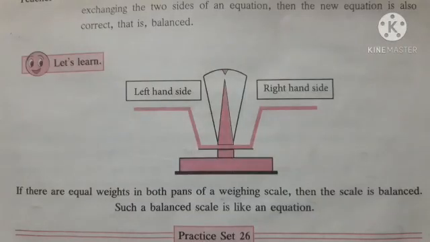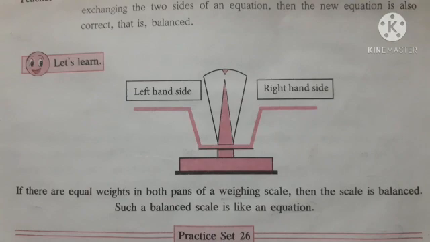Now children, let's see this. You can see a weighing scale. If there are equal weights in both pans of a weighing scale, then the scale is balanced. You know this properly. Whenever we go to the market to buy some things, the salesman gives us the things by putting them on a weighing scale.